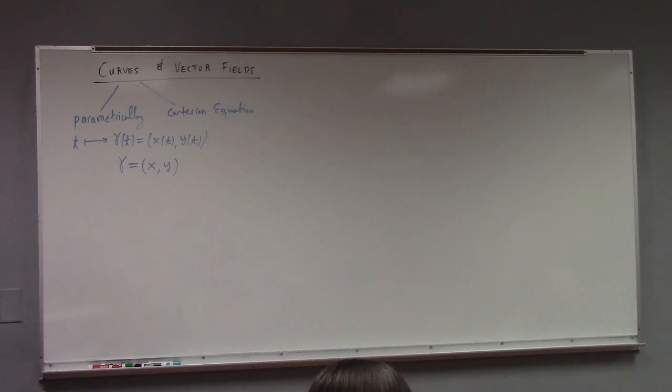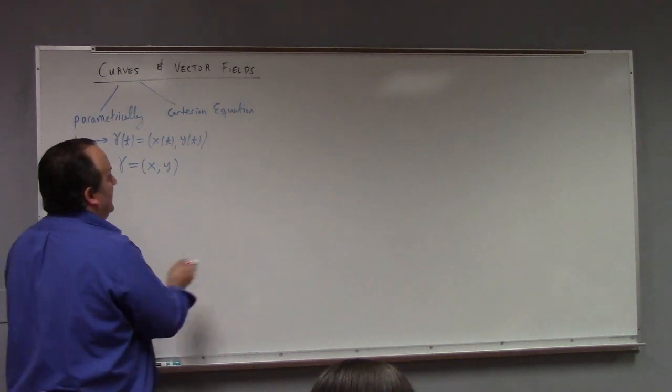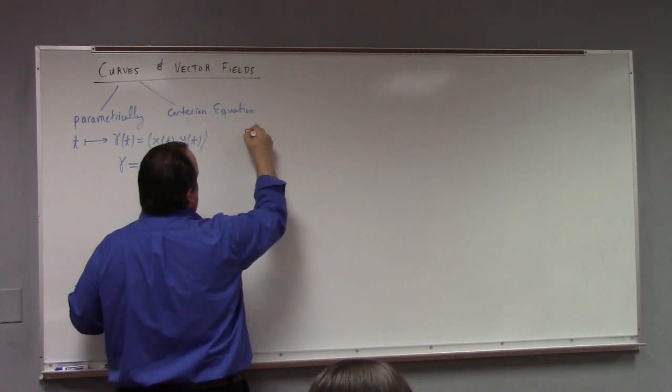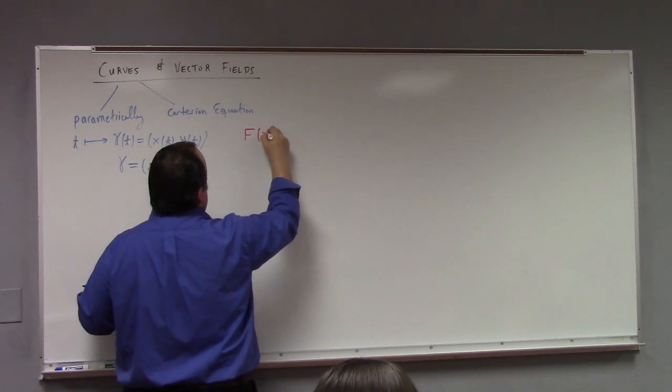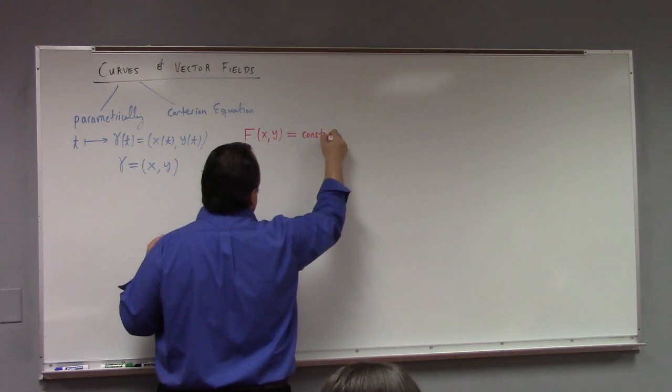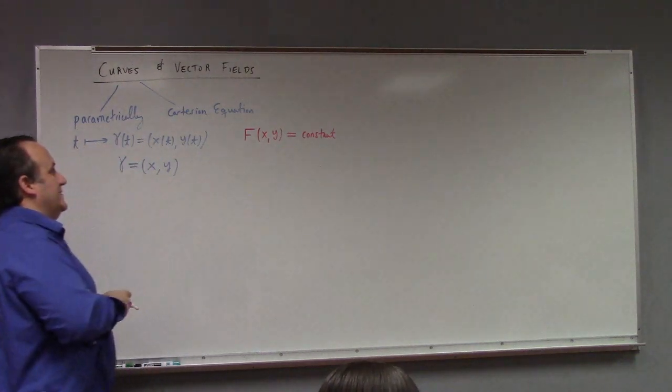Now, a Cartesian equation, generically, you might say you've got some function, let's say f of x comma y equals, say, a constant.